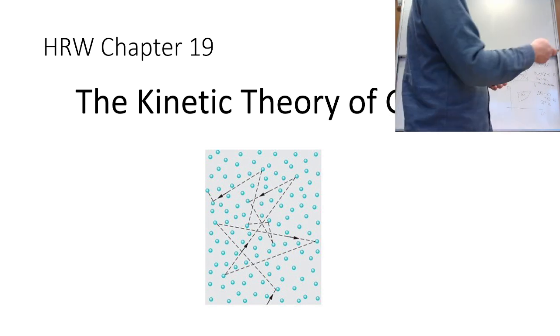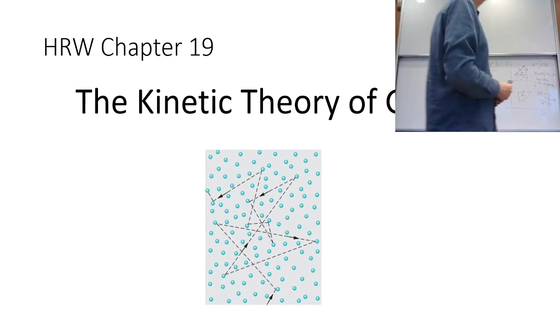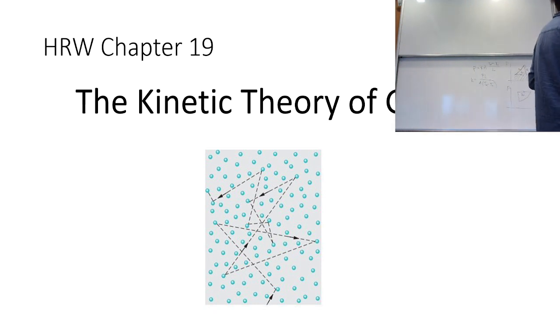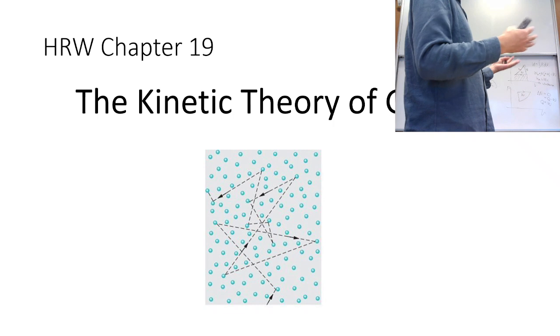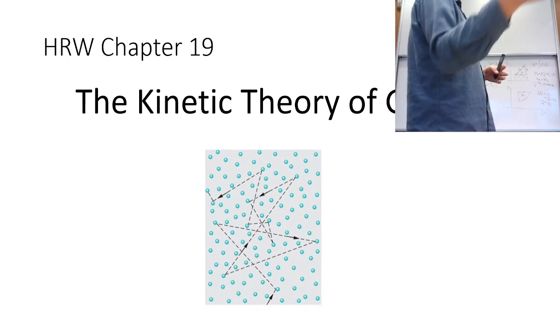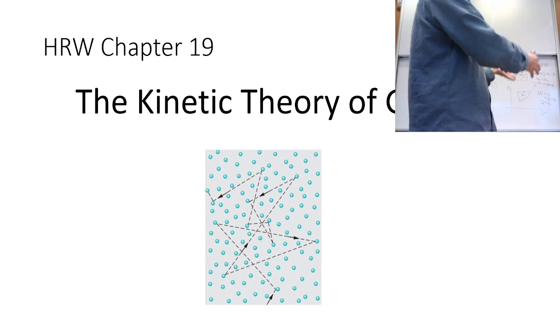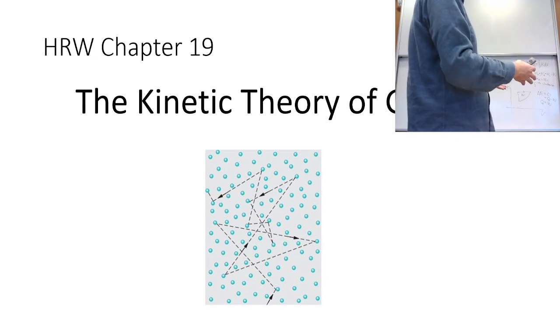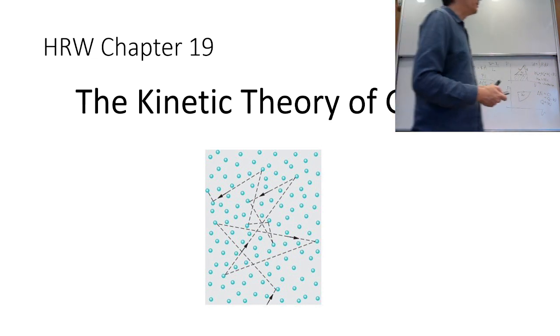We have this picture of gases today, of some balls flying around. Interestingly, you can make some connections from that macroscopic theory of pressure and volume to this microscopic theory. So this chapter goes through some of those results.